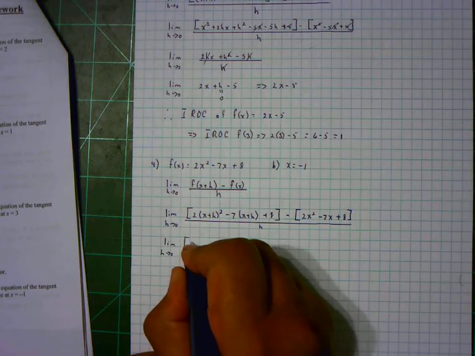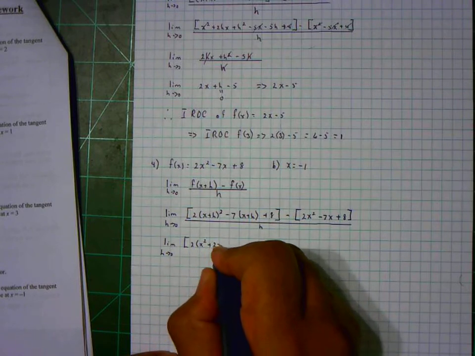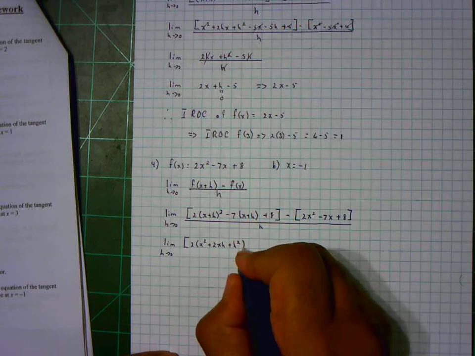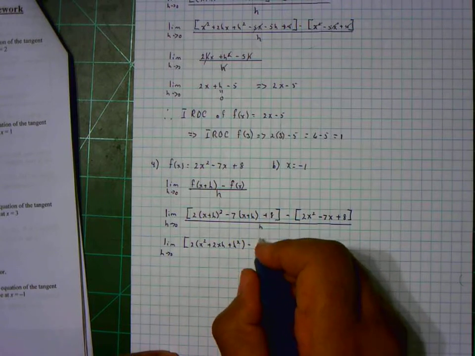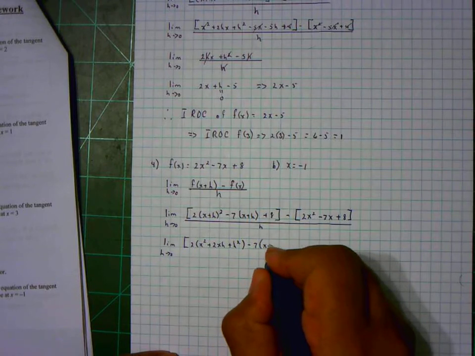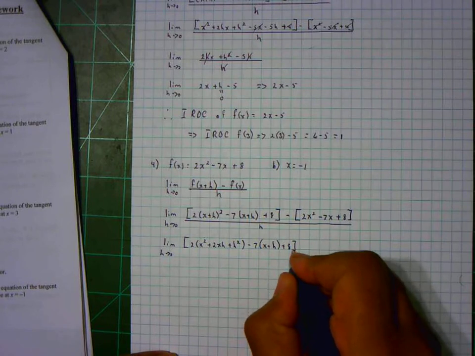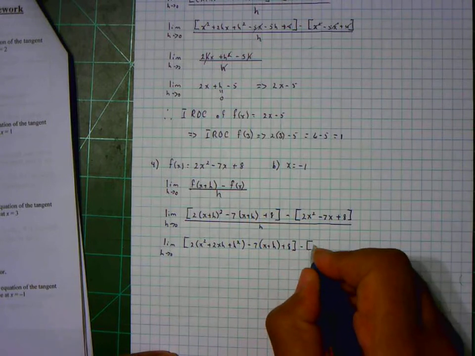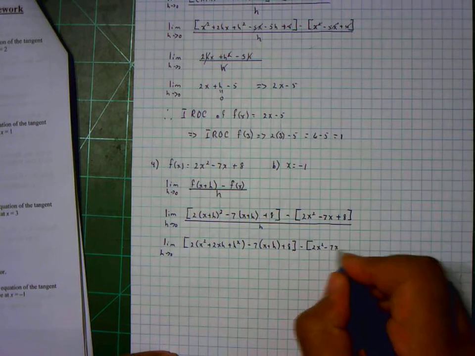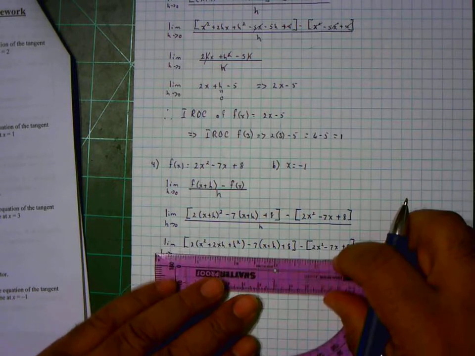And this will be 2x squared plus 2xh plus h squared minus, I'll leave this like that for now, x plus h plus 8, minus 2x squared minus 7x plus 8, all over h.